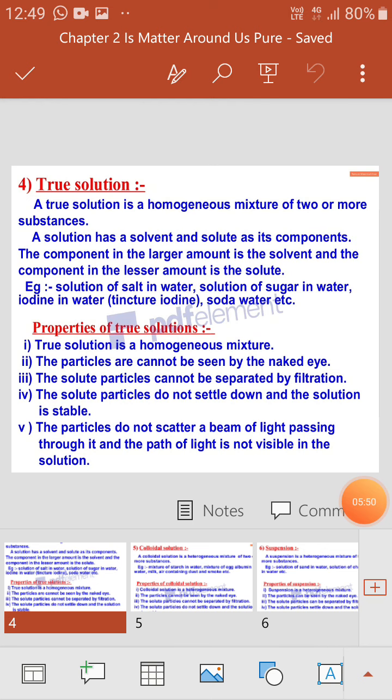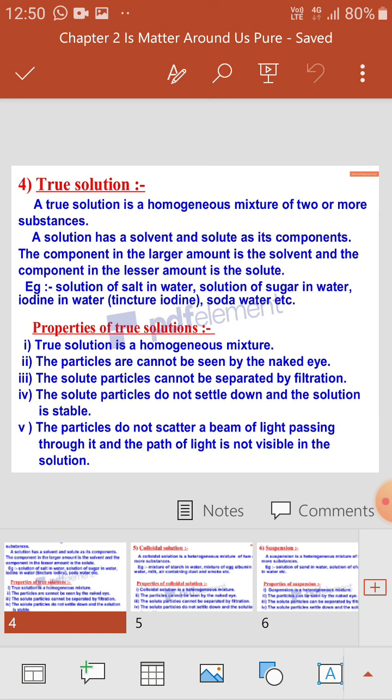Yesterday we saw the true solution. What is a true solution? A solution is a homogeneous mixture of two or more substances. In the earlier video we saw that there is a solute and a solvent, and when we mix them together we get a solution. The smaller quantity is known as solute, the bigger quantity as solvent.